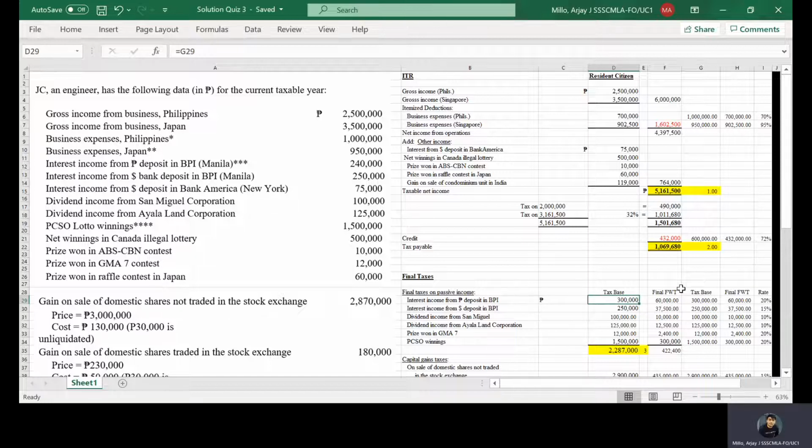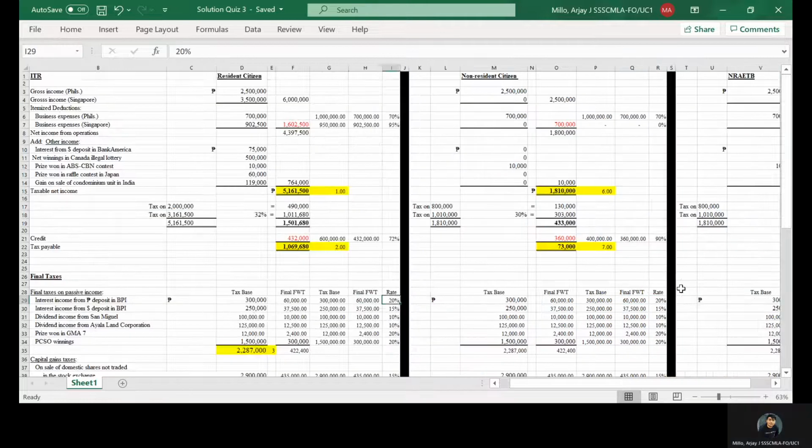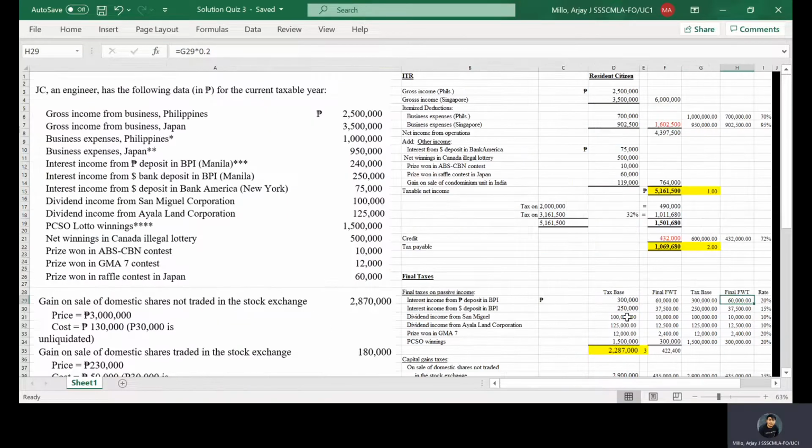I think dun yung medyo madami sigurong naka-miss, no? So check natin kung gross ba yon or net of withholding tax. Kasi kapag net, we need to gross it up for us to be able to identify ano yung amount of interest income niya subject dun sa final withholding tax. So that's 300,000 and then FWT na 60,000.